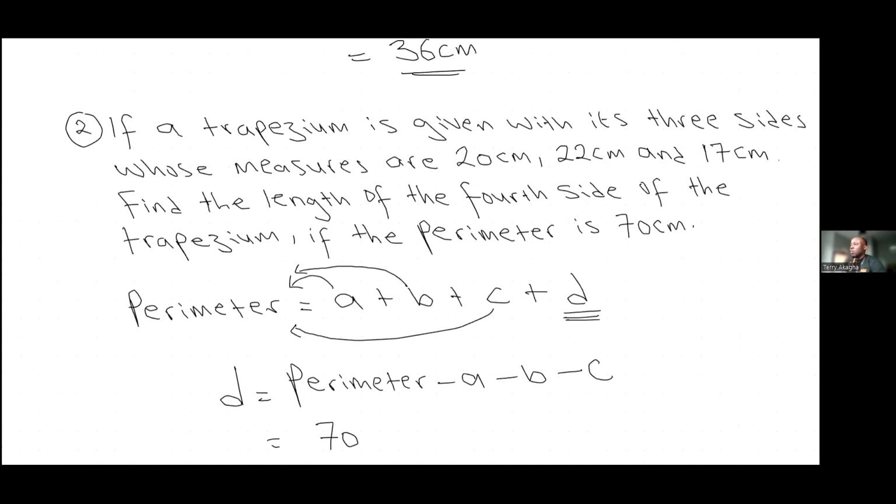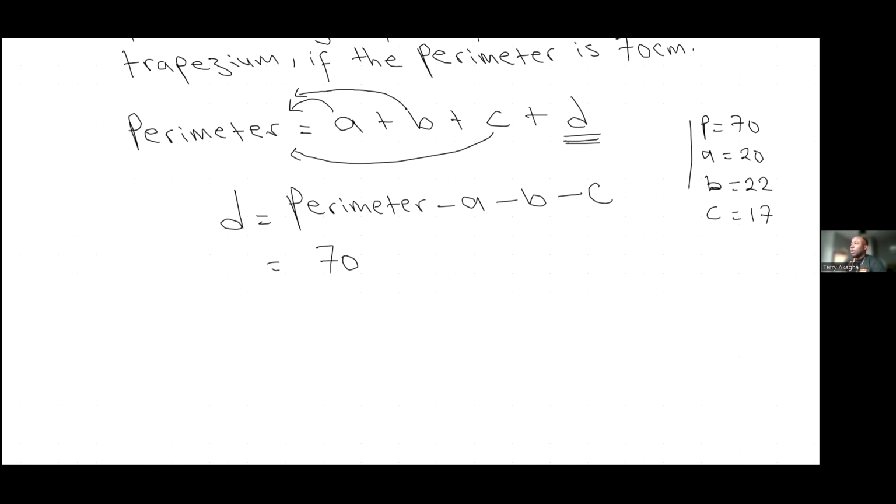So now we're told the perimeter is equal to 70, because we're told here in the question. And side A was 20, B was 22, and C was 17. So that'll become minus 20, minus 22, and minus 17.